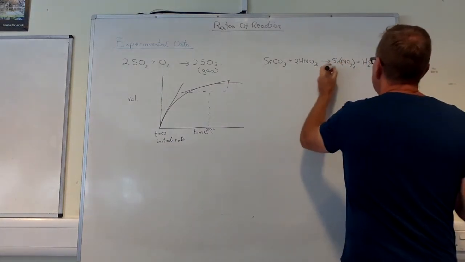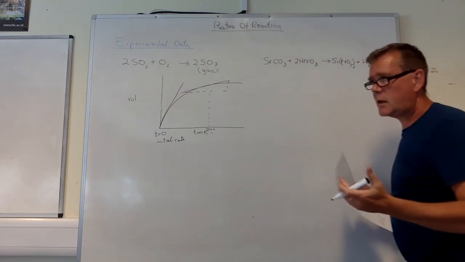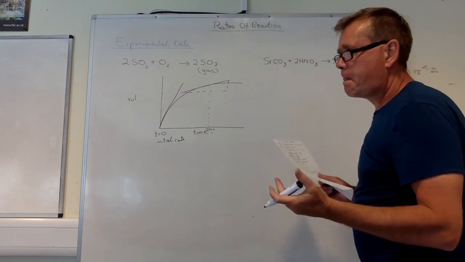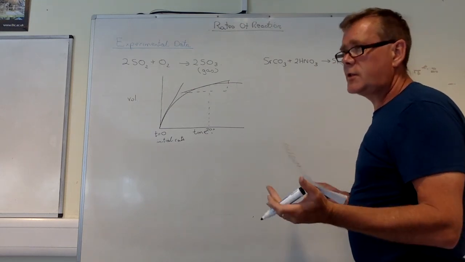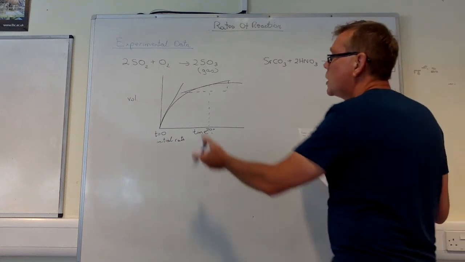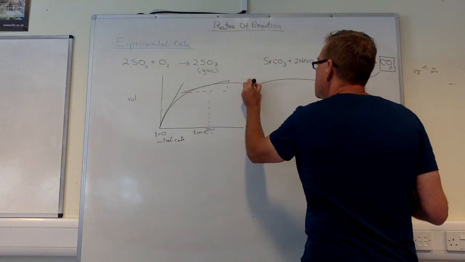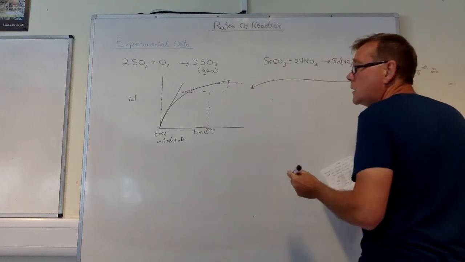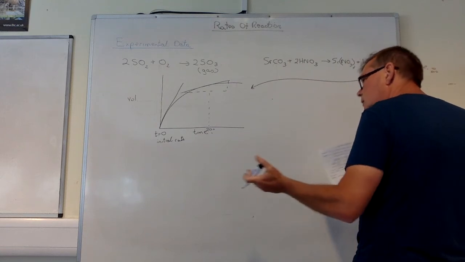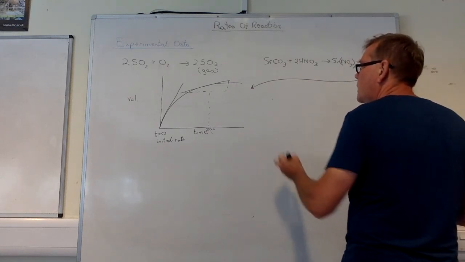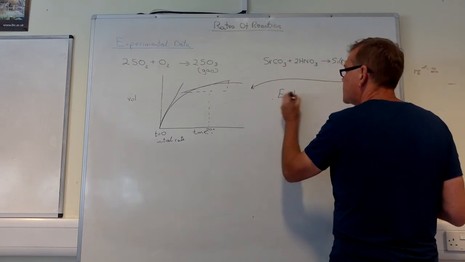These are just random, okay? You can measure how the CO2 is being produced over time, and then you can calculate the initial rate. So one way to deduce the rate of an experiment is evolution of a gas. If a gas is evolved, you've got a handle on that experiment.